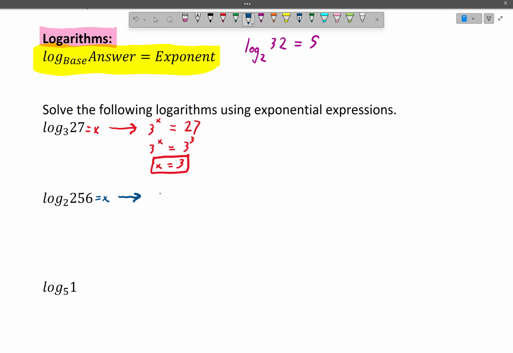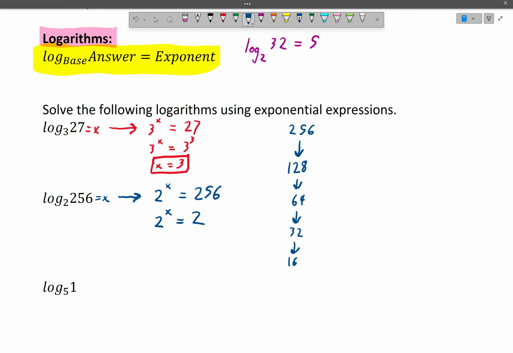Okay, so what we're going to do is go 2 to the x equals 256. Now this is fine and great, but you probably don't know 256 off the top of your head. So what we're going to do is slowly divide by 2 over and over again until we get down to the number 1 or the number 2.